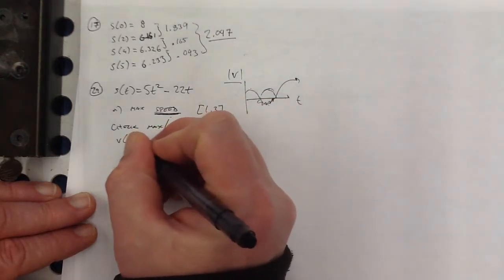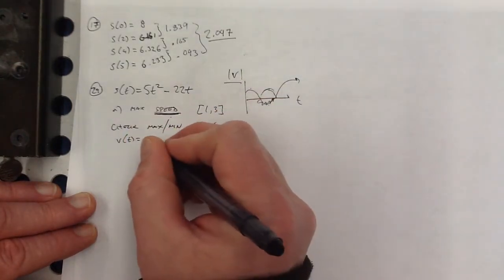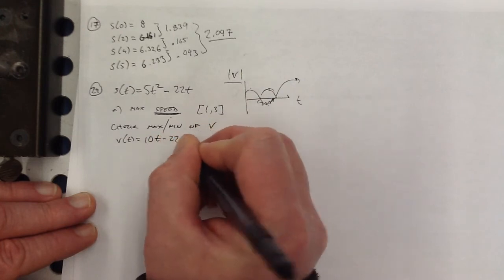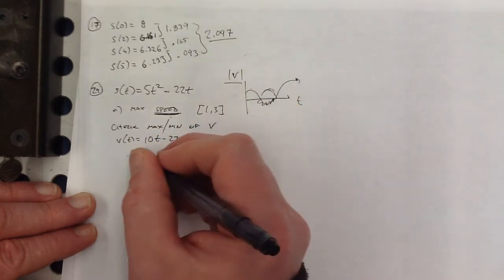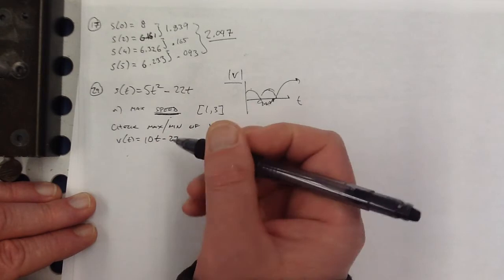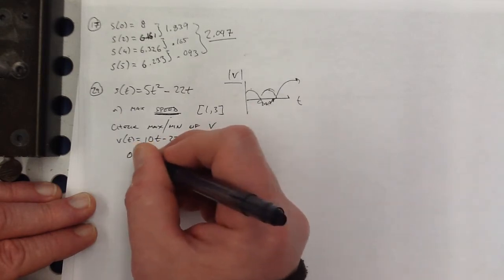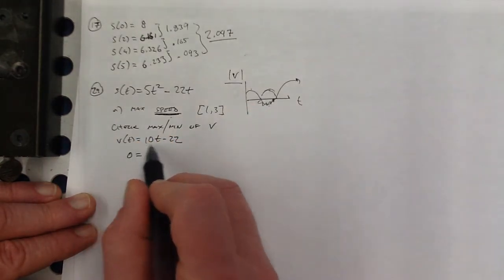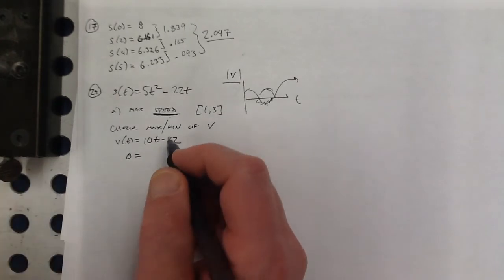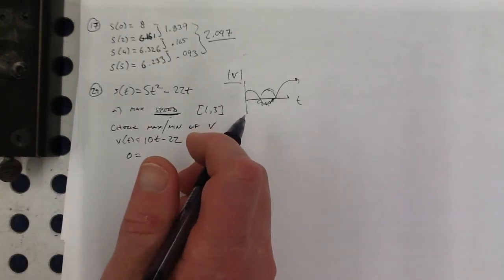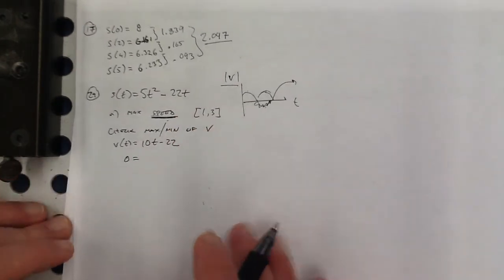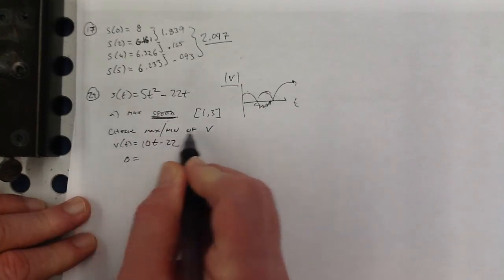So what's the velocity? It would be 10t minus 22. Where's the maximum of that? Or where is that equal to 0, rather? So, oh, wait a minute. No, we won't find the maximum speed, so we need to check the maximums, minimums of this.